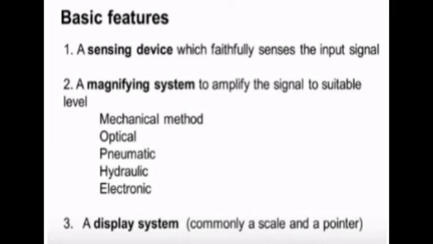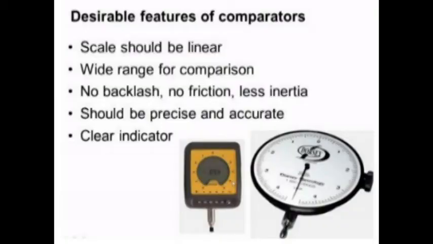Now, what are the desirable features of a comparator? The scale of the comparator should be linear within its operating range. There should be a wide range for comparison so that it can be used within a wide range of applications.